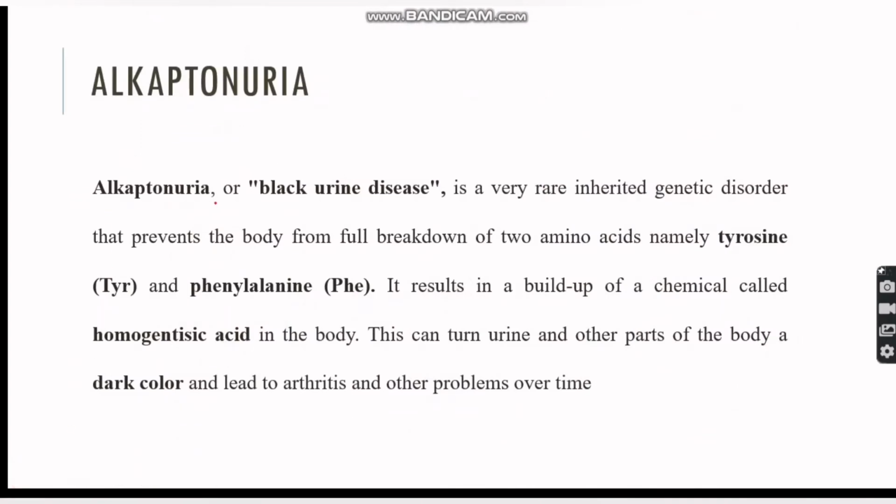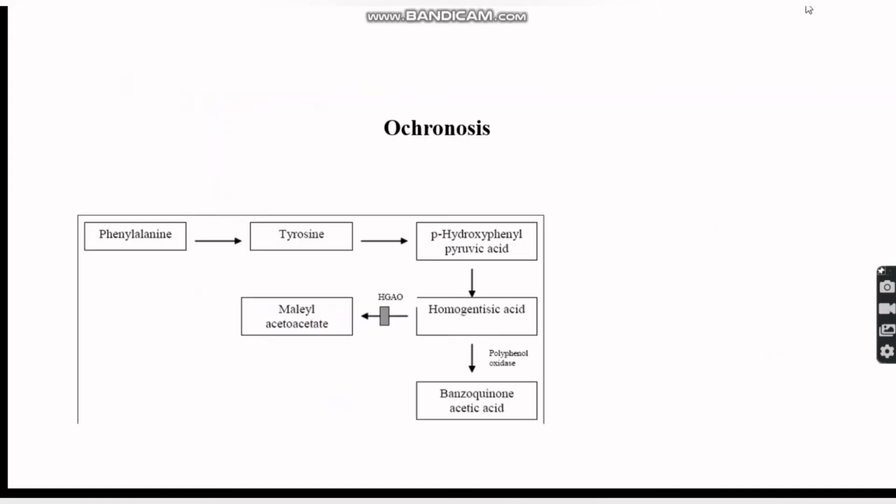Alkaptonuria is also named black urine disease. It is a very rare inherited genetic disorder that prevents the body from fully breaking down 2 amino acids, namely tyrosine and phenylalanine. It results in a buildup of a chemical called homogentisic acid in the body. This can turn urine and other parts of the body a dark color and lead to arthritis and other problems over time.